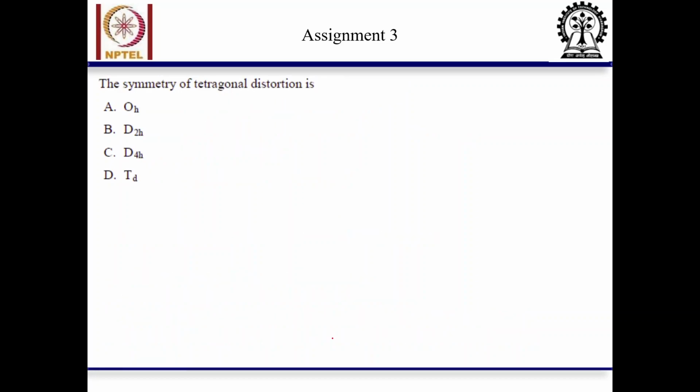Okay, we'll go to the symmetry of tetragonal distortion. Can anyone tell what the symmetry for the tetragonal distortion is?